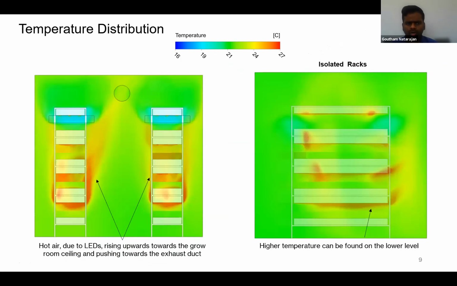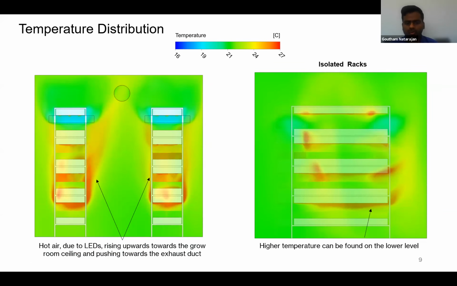To understand more about the temperature distribution, we could get from these images. In the isolated racks, as I stated earlier, we could see a higher temperature on the lower level compared to the upper levels. As the levels increase, the temperature has been increasing. As I stated earlier, hot air due to the LEDs is rising upwards towards the grow room ceiling and pushed towards the exhaust duct.